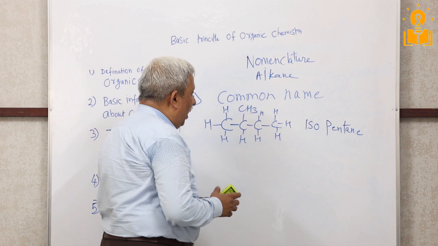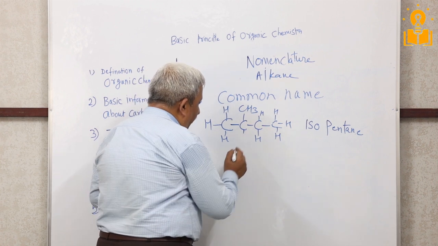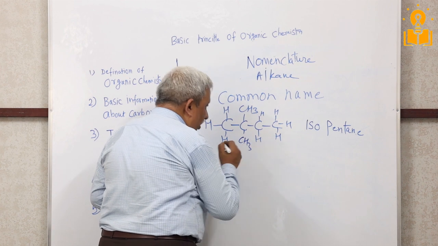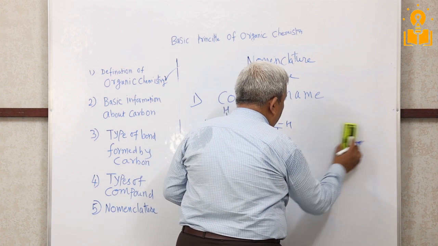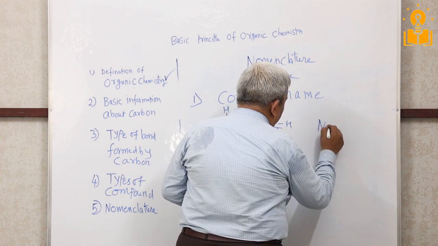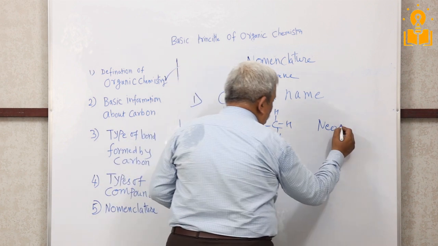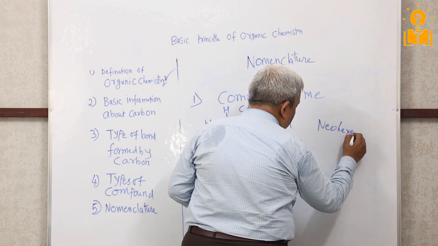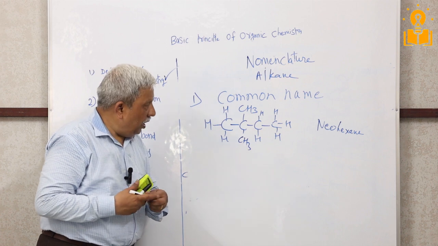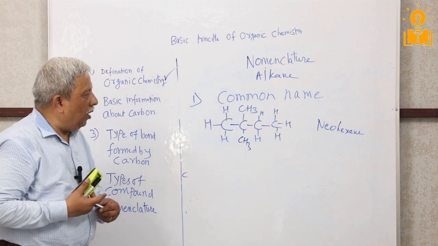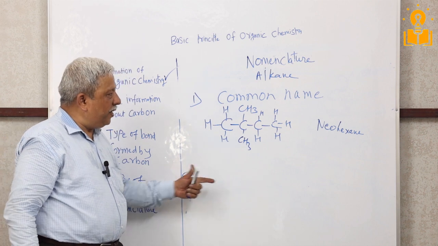Now, had it been another CH3 here, it would have been neohexane. That is, when the substituent or group is present at the second carbon on both sides, then it is called neo.